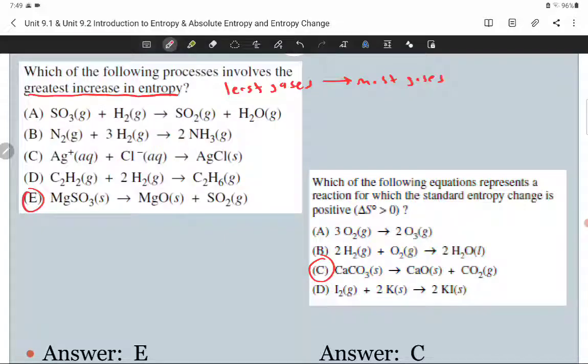And this goes from no gases to 1 gas. Okay. And then which one has a delta S positive, greater than 0? It's the same exact idea. Least gases to most gases, and it's almost the same sort of setup there. We have no gases going to 1 gas. And that will conclude our introduction to entropy.